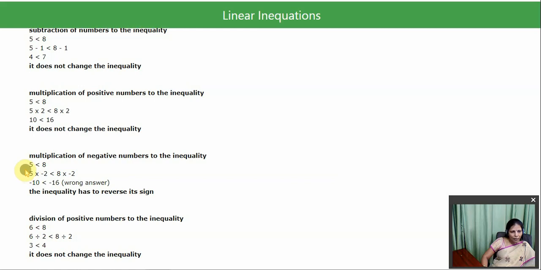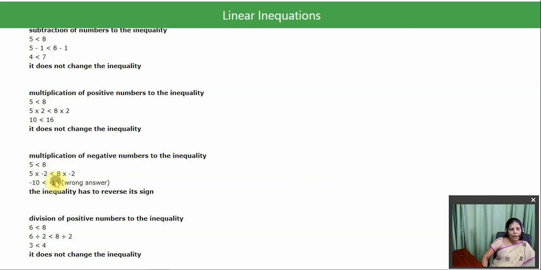Now once again I have taken the same example, 5 is less than 8, and I am multiplying both the sides with a negative integer, minus 2. Here minus 2 and here again I am multiplying with minus 2. So what will be the result? Here I am getting minus 10 and here I am getting minus 16. Is this statement true? Yeah, it is not true.